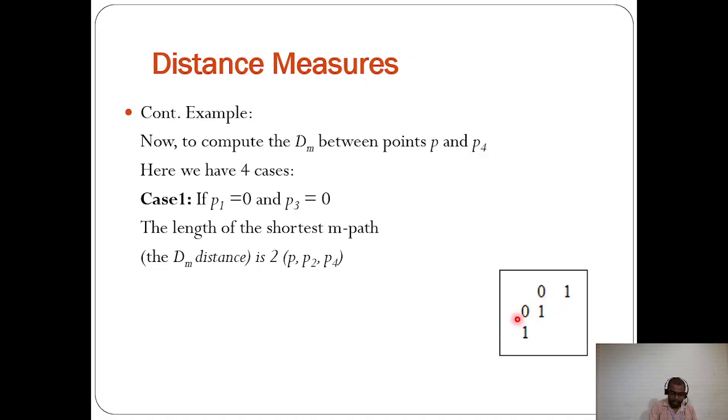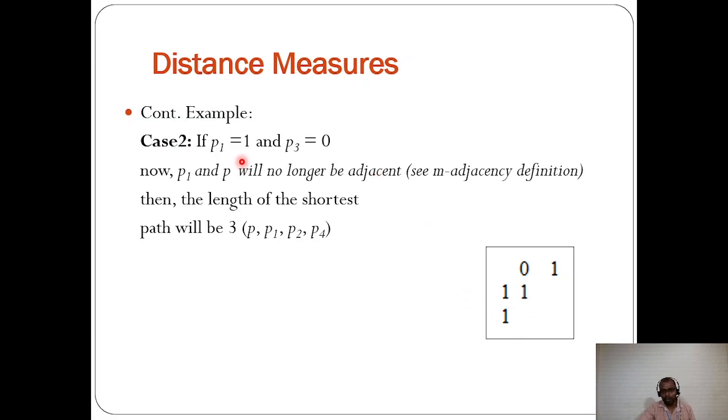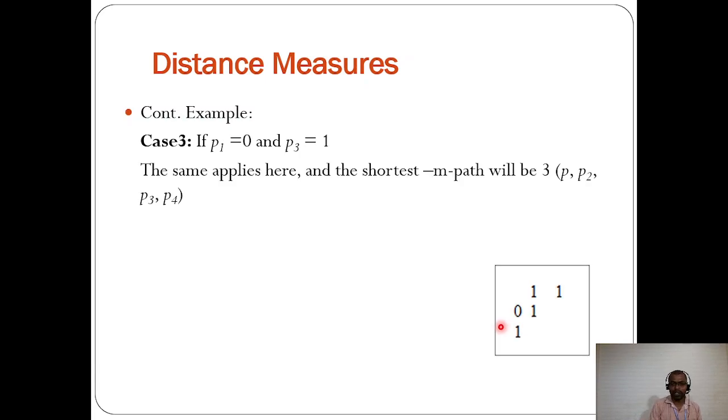In the second case, P1 is 1 and P3 is 0, so we connect P, P1, P2 and P4. The zeros are eliminated and only the ones are connected. In the next case, P1 is 0 and P3 is 1, so we calculate along P, P2, P3 and P4.